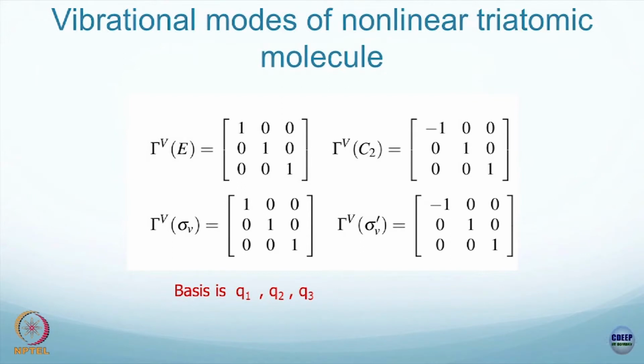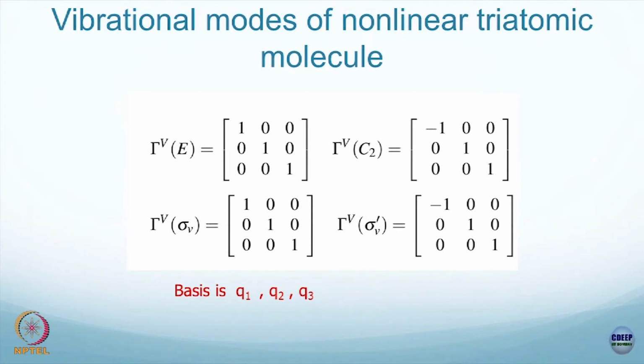Let me for completeness write the basis for these and then worry about how to get these bases in the next step. First, since we went through this long method, we know that Q1 is one independent degree of freedom, Q2 is another independent degree of freedom, and Q3 is the third independent degree of freedom.